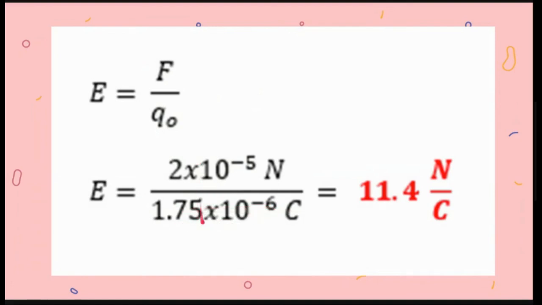So if we divide the two, that would give us 11.4 newtons per coulomb. So this is the amount of electric field present. This is the amount of electrostatic force applied in the field with respect to the test charge present. 11.4 newtons per coulomb.